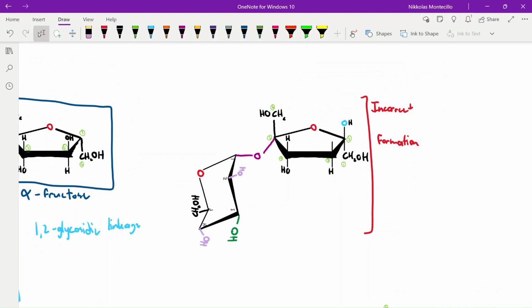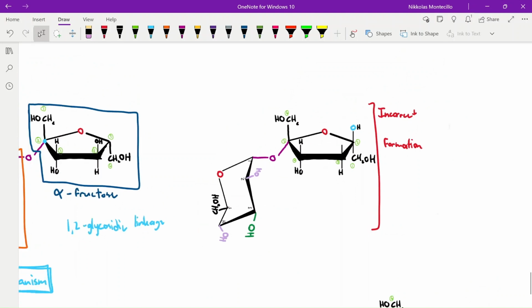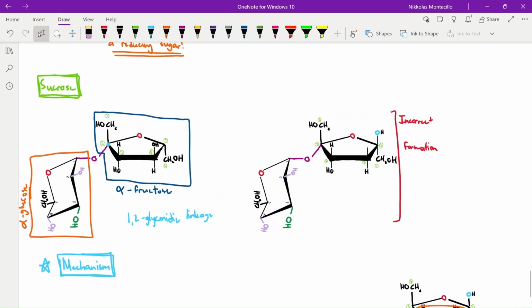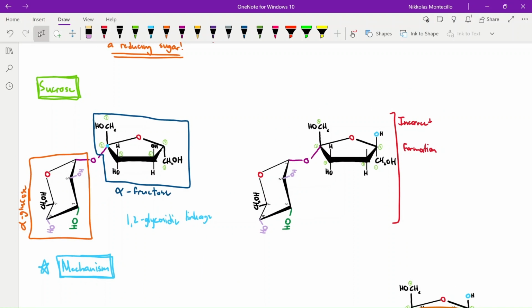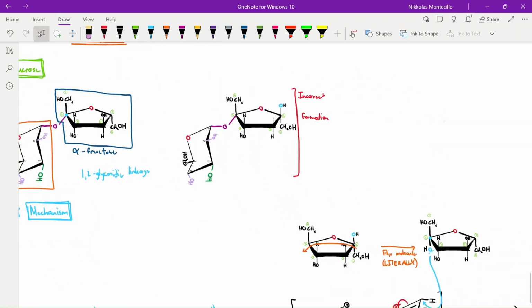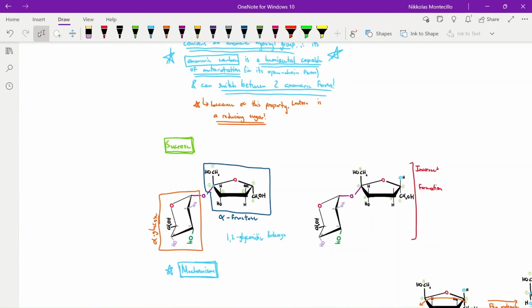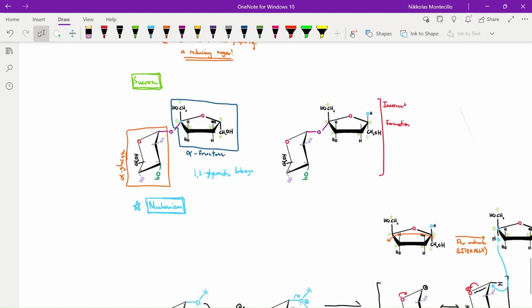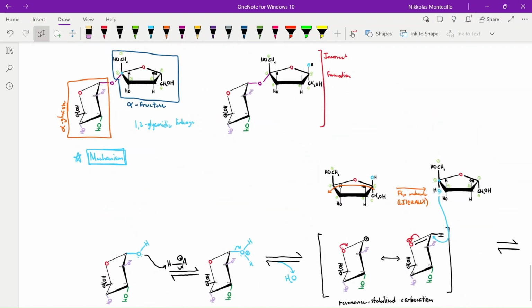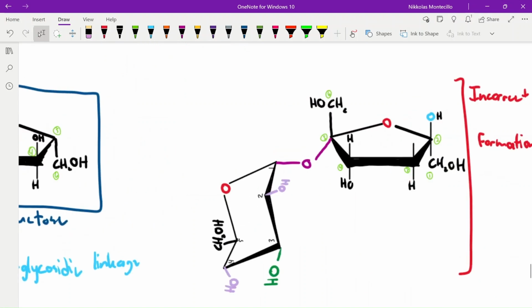remember that an ether group is formed upon nucleophilic attack, and that's why it didn't make any sense to me.